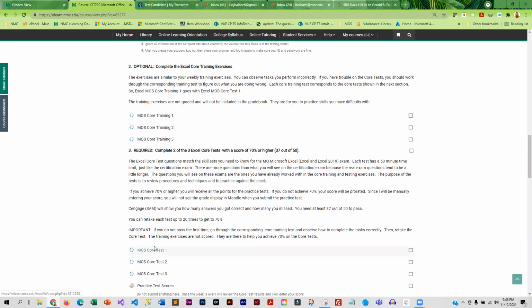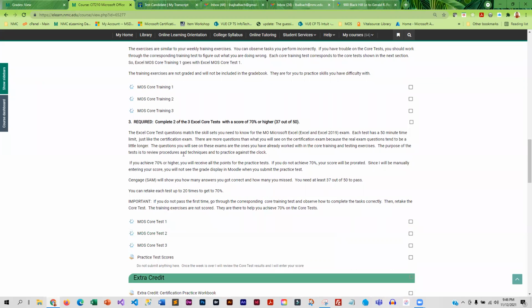And then go through the core test, because the core test does have a time limit, just like the MOS exam. And so definitely go through the trainings. And then you should be able to complete these core tests and get that 70%.